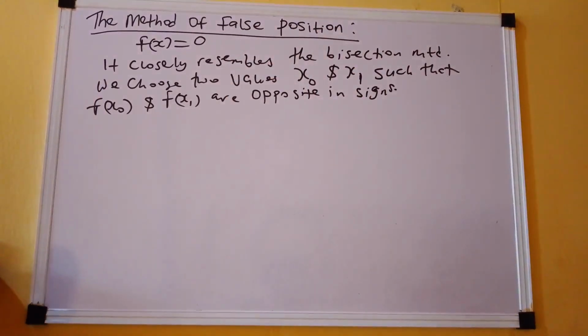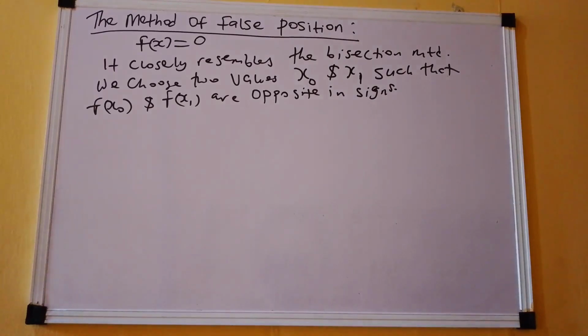That is what we do. So we choose x0 and x1 to ensure that f of x0 and f of x1 are of opposite signs.